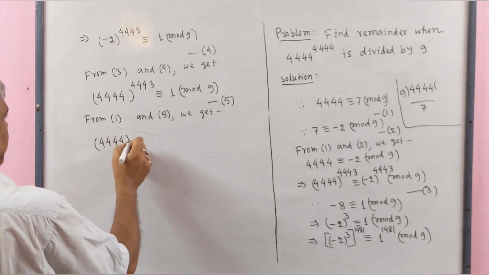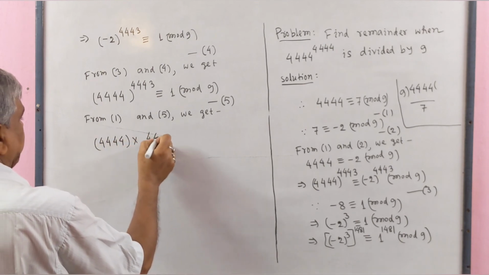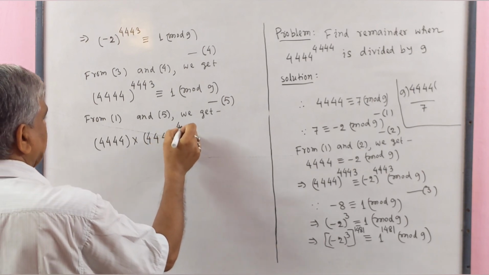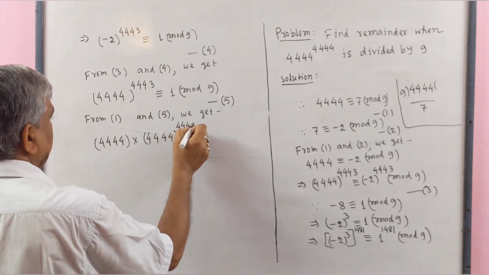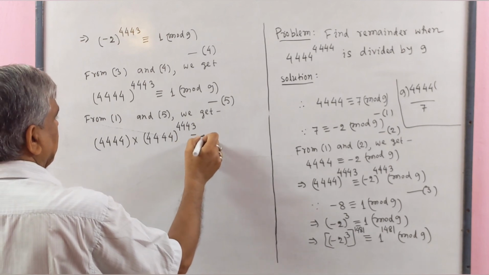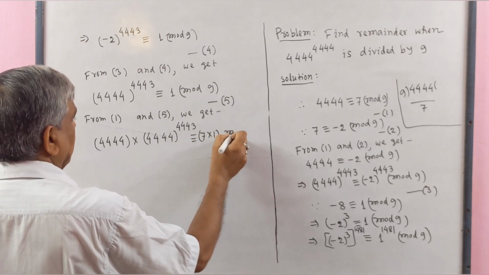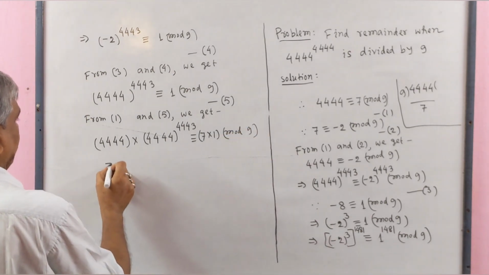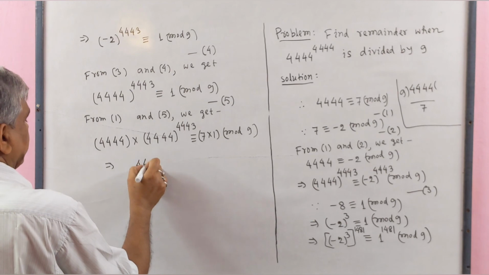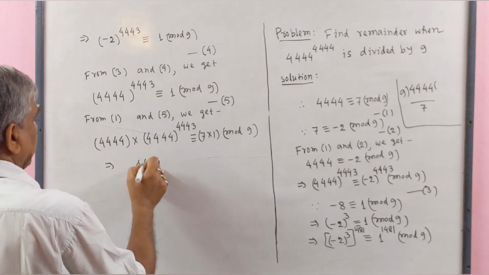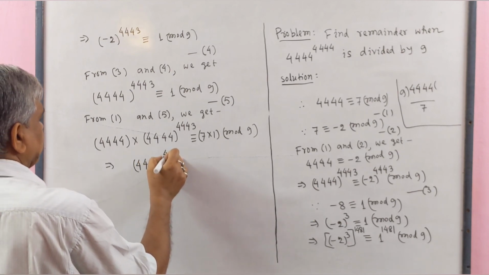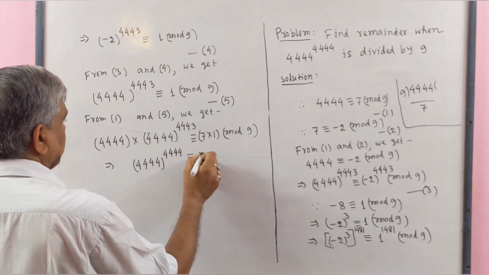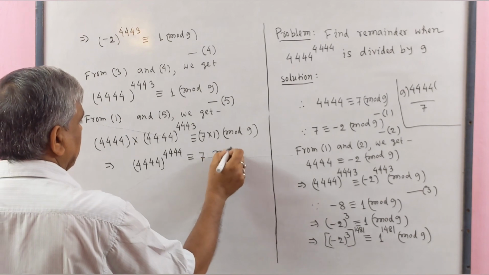4444 multiplied by 4444 to the power 4443 is congruent to 7 modulo 9. This implies that 4444 to the power 4444 is congruent to 7 modulo 9.